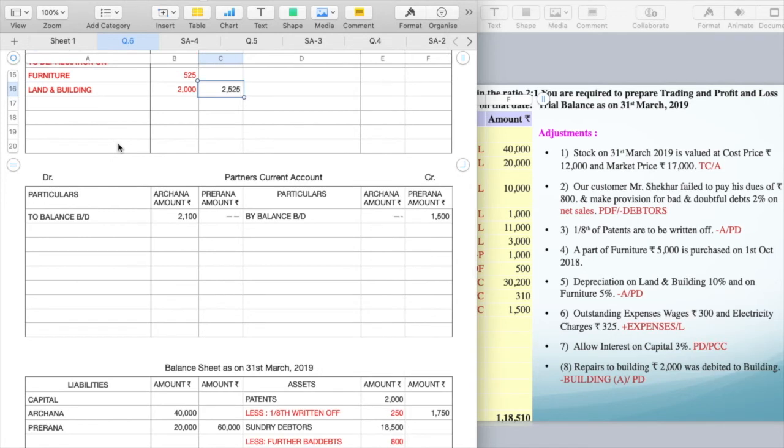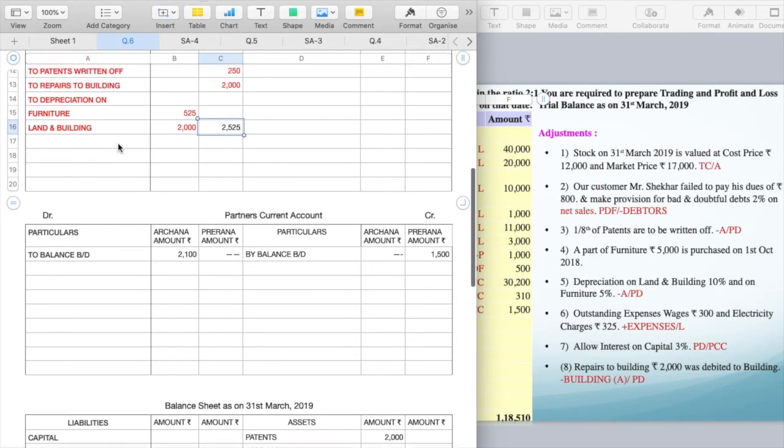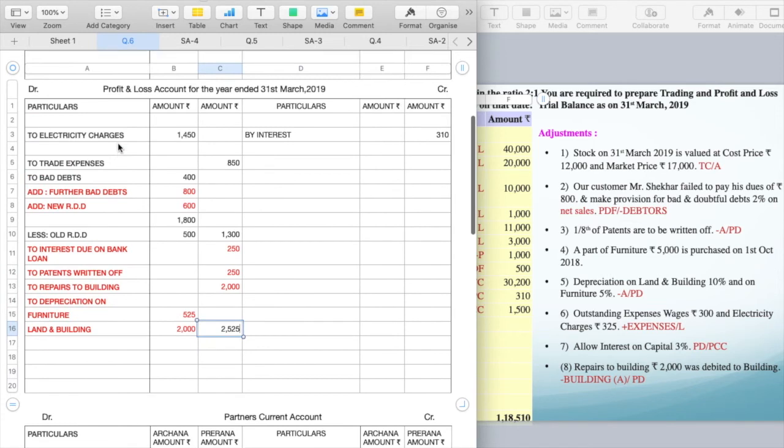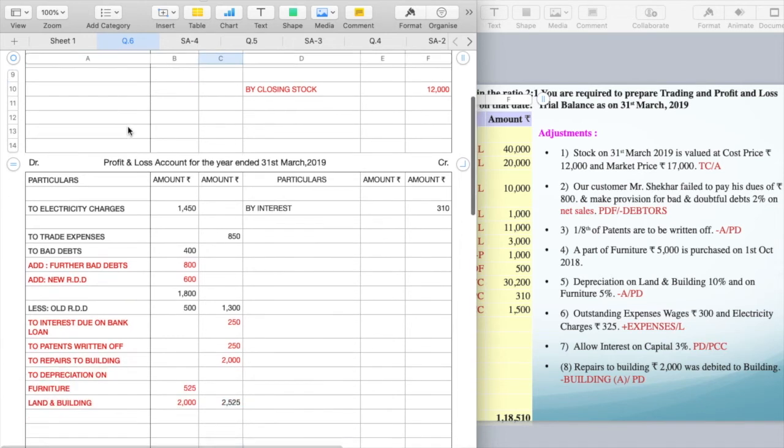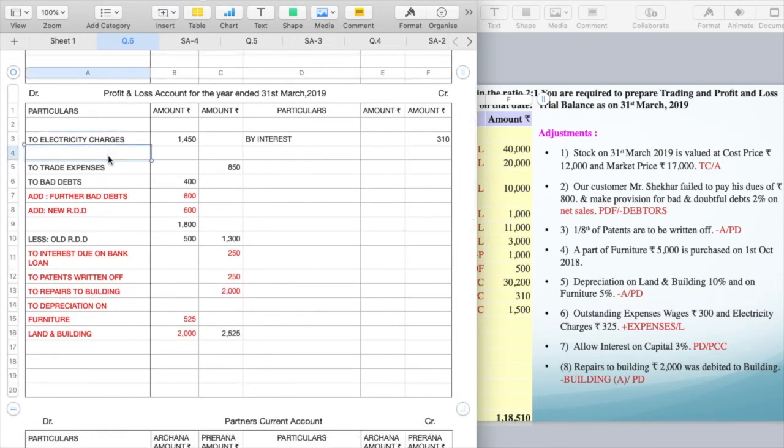Next is outstanding expenses, wages rupees 300 and electricity charges rupees 325. So outstanding always add. So add outstanding amount 300, and the outer column value will be 1250. Then in electricity charges also I have to add outstanding 325, so the outer column's value will be 1775.